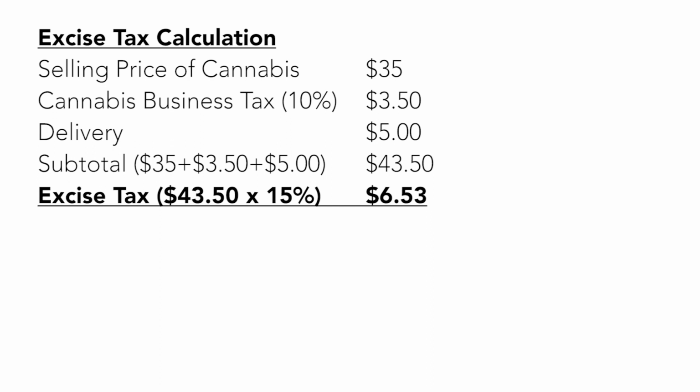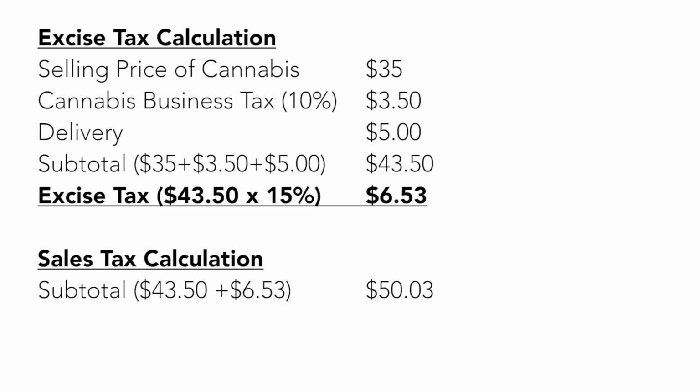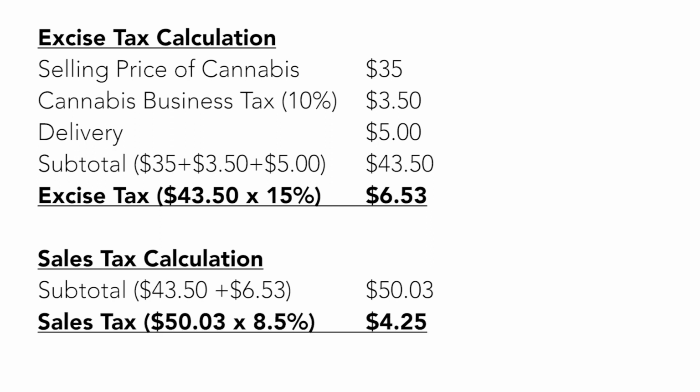So now the sales tax is applied to that subtotal. The subtotal from above is $43.50 plus $6.53, which comes to $50.03. Your sales tax rate is 8.5%, so that's $50.03 times 0.085, which is $4.25, or 8.5% of $50.03.